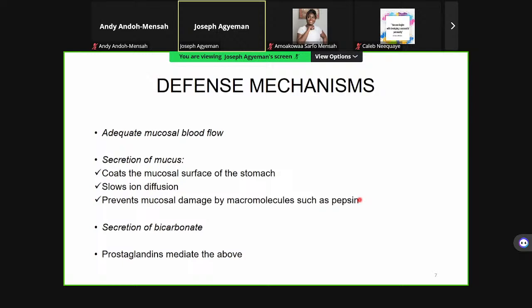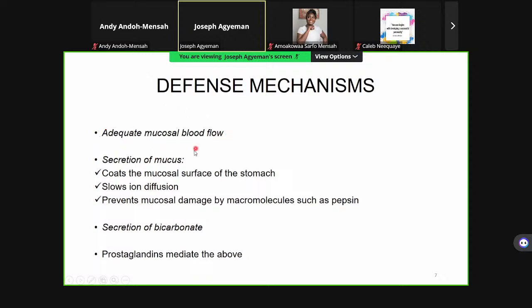If so, then there should be a way to also protect the GIT from the possible erosion of the acid. And therefore, the following mechanisms are in place to do that. One of the key things is adequate mucosal blood flow.